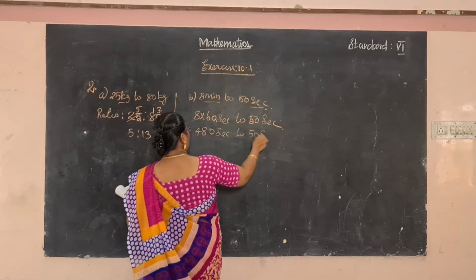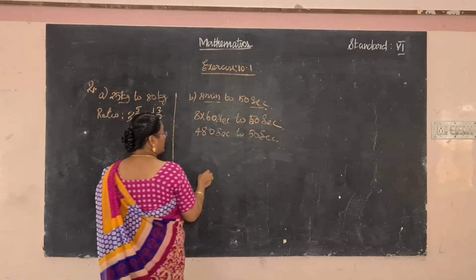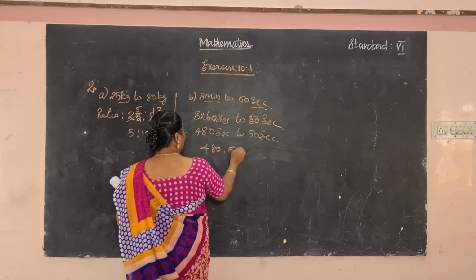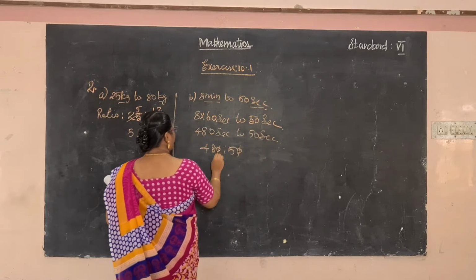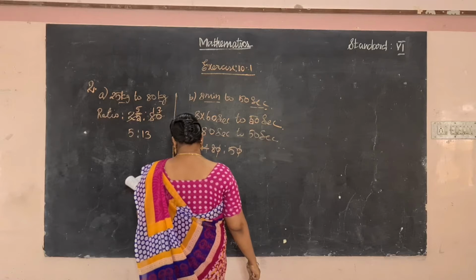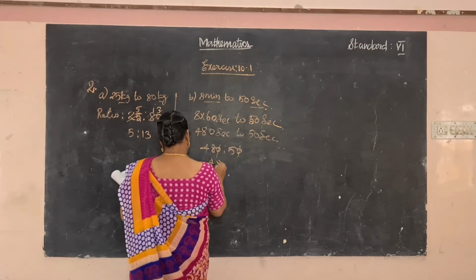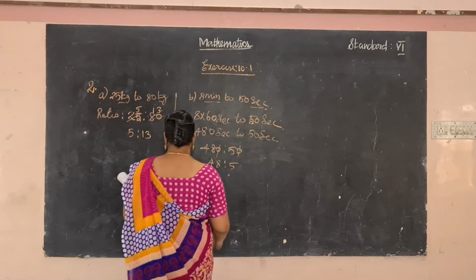Now we got the same unit. Now compare the ratio. So 480 is to 50. Now simplify this. What do we get? 48 is to 5. That is our answer.